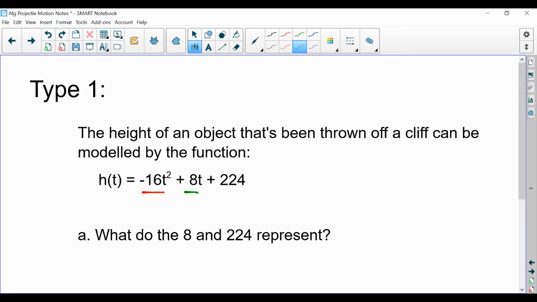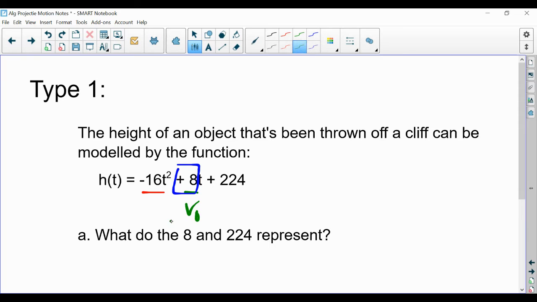So my linear coefficient is 8. And we've seen before that this is our v naught. That's our initial velocity. Now, if all you write is the initial velocity is 8, you're not really telling me you understand exactly what's going on here. So yes, it's 8, but important to note is that it's positive 8.